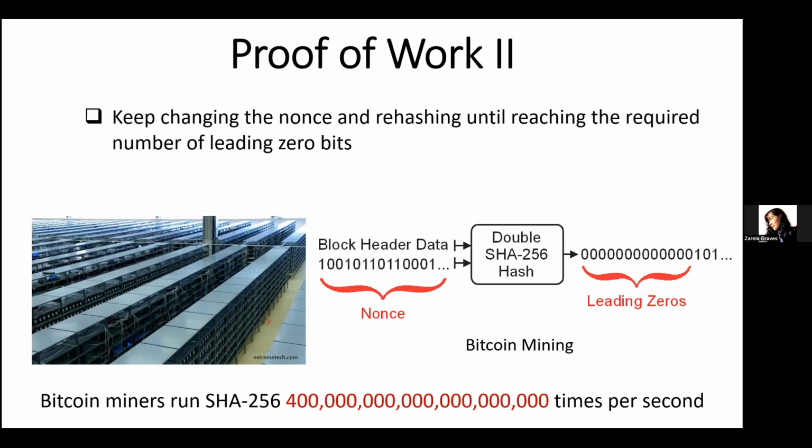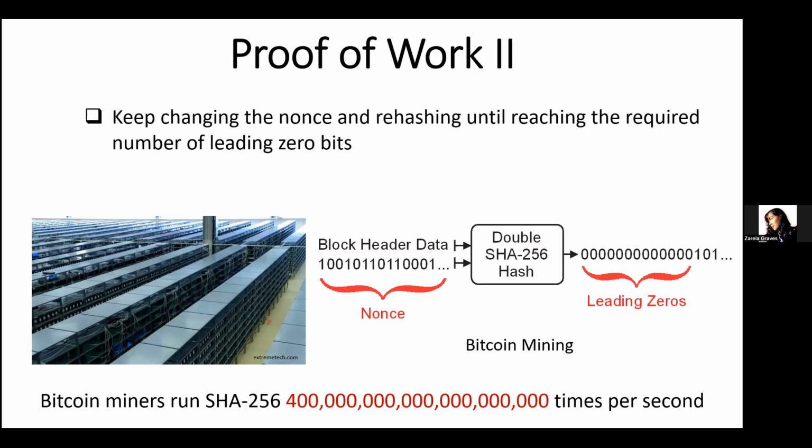That's right. And it's doing this that has Bitcoin miners all over the world. There's a picture of one grinding away as we speak. They're doing 400 quintillion SHA-256 operations per second.